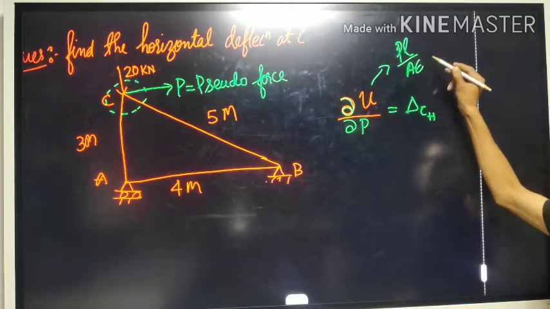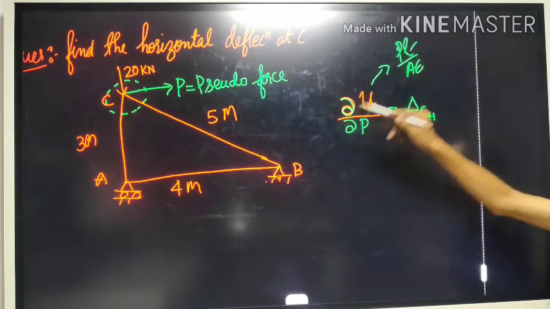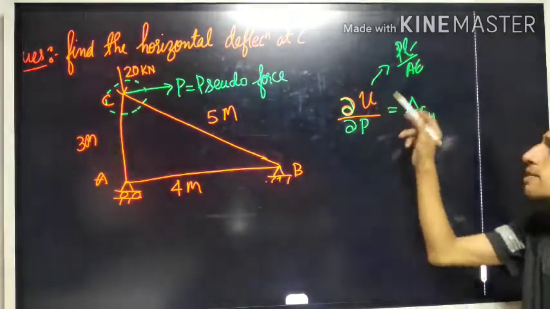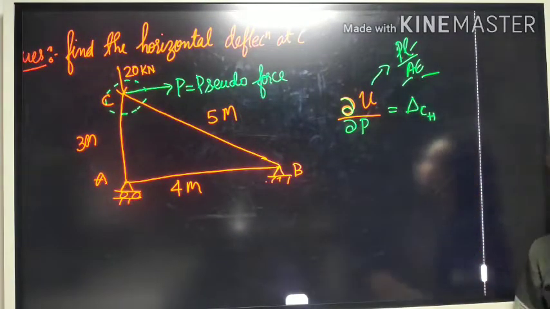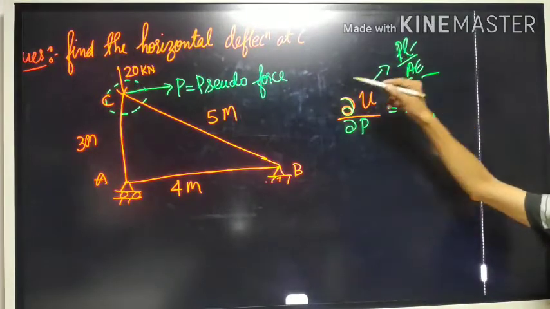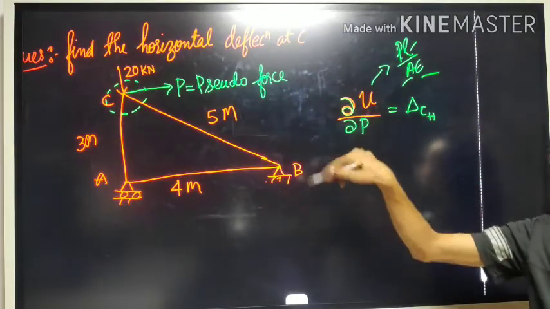So you need to calculate length. Length is given for every member, area is not given, E is not given, and you need to calculate the member force in every member of a truss.